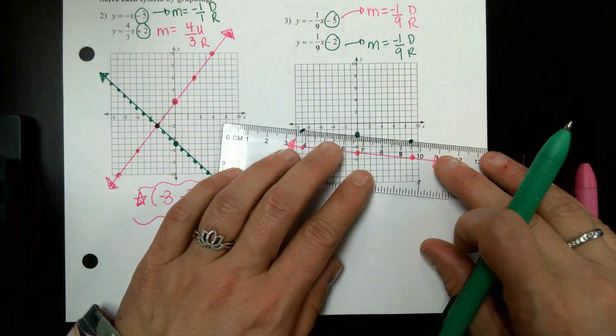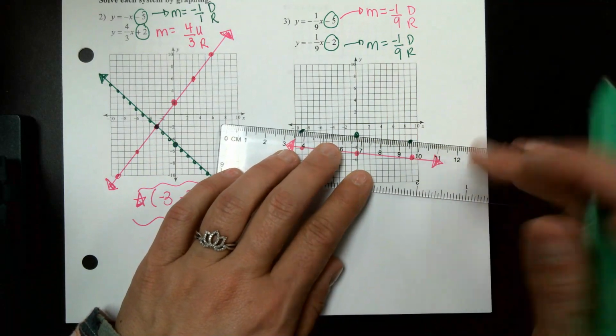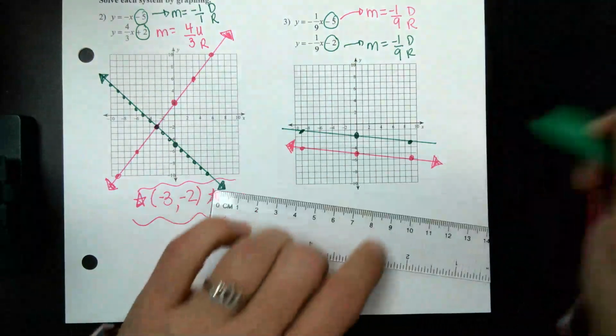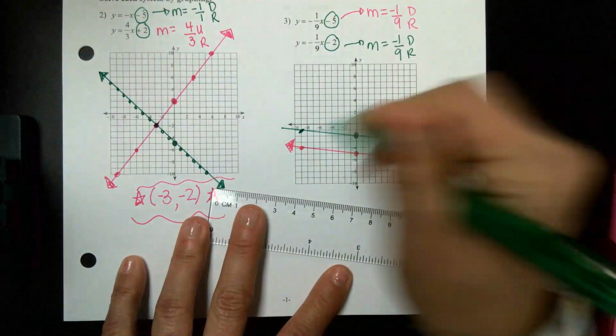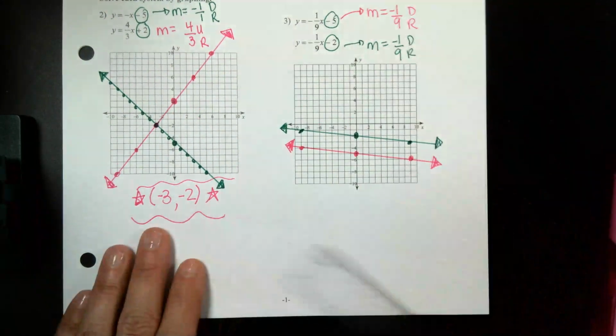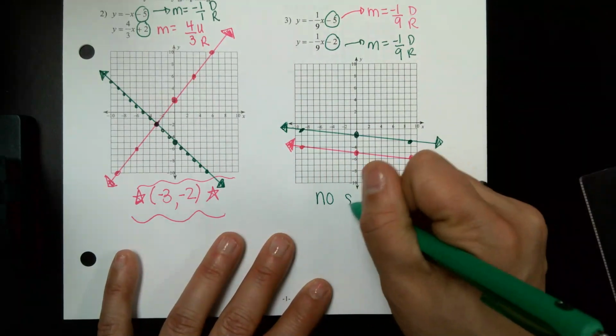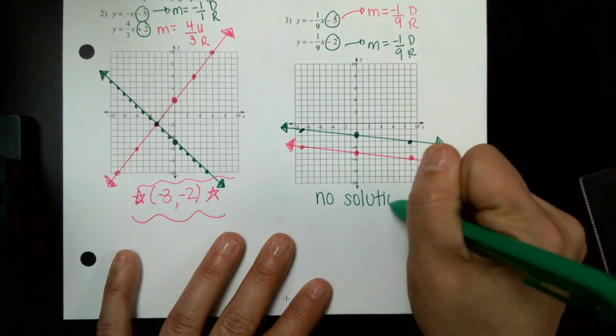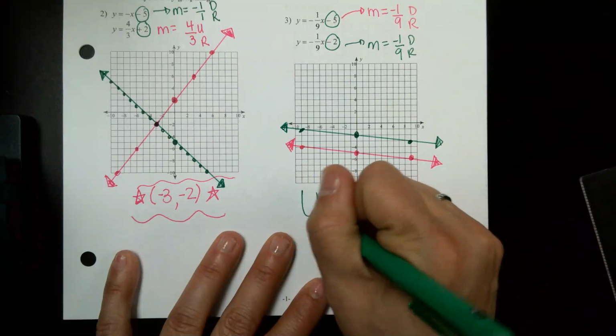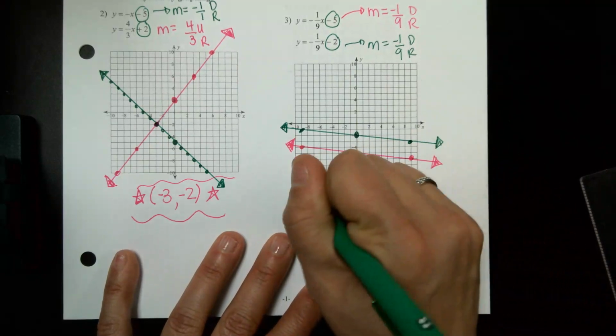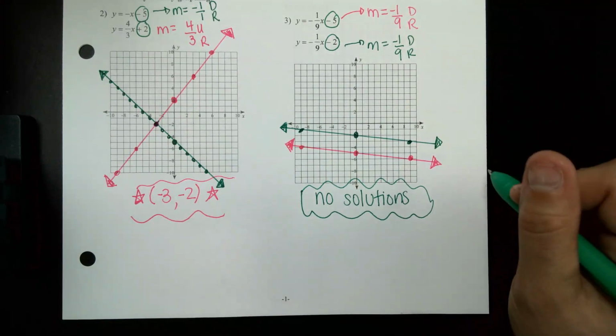And when you connect these, if your two lines are parallel, we obviously cannot write an ordered pair of where they cross because they don't cross. What do we write instead? No solutions. If they are parallel and they don't cross, you have to write no solutions.